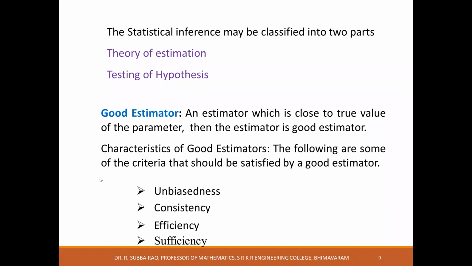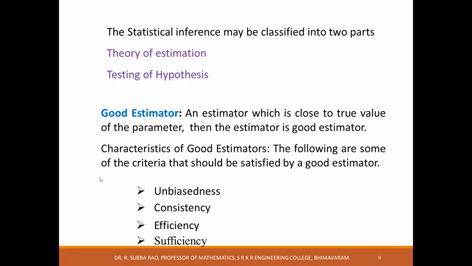If you are truly generating the samples that you consider from the population, your estimation is a good estimation. Sometimes some unrelated sample observations may also be present in the population. You should not consider those sample observations.